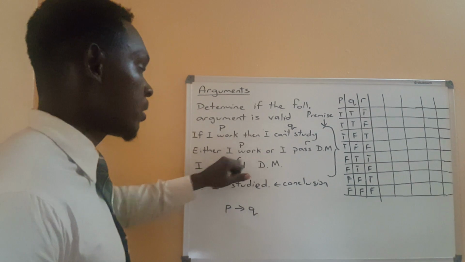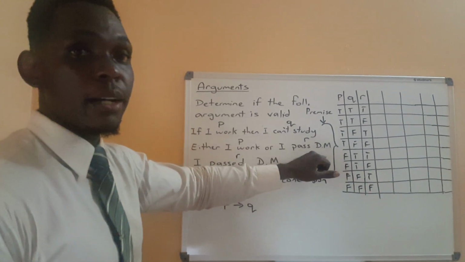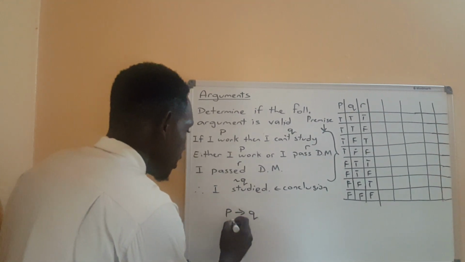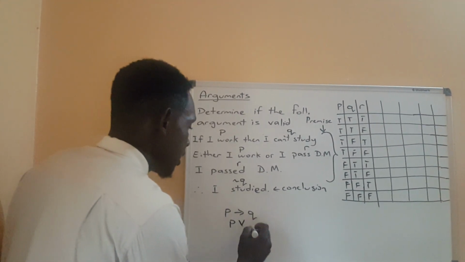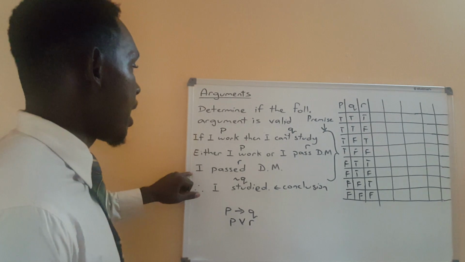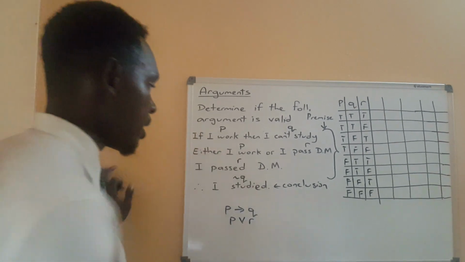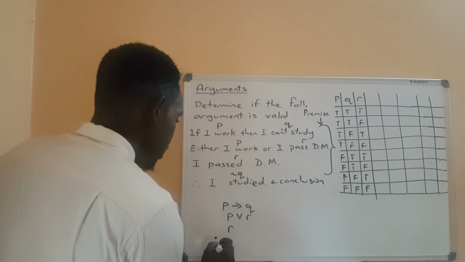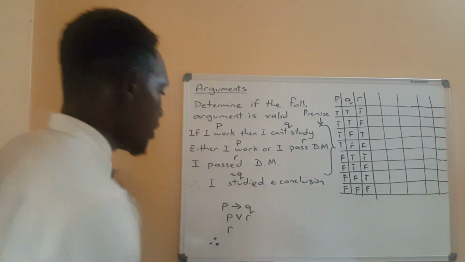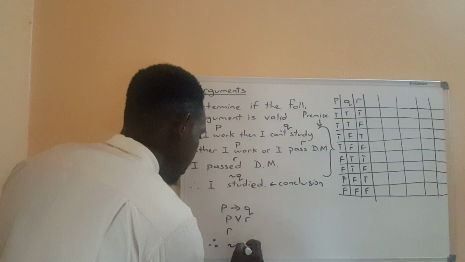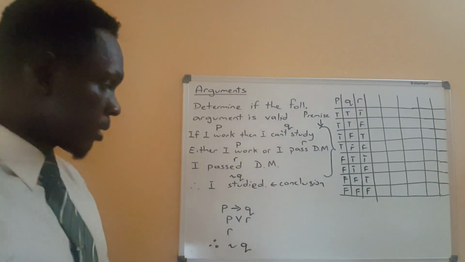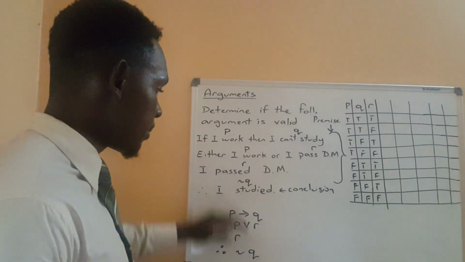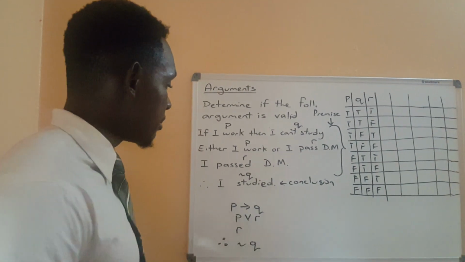Either I work or I pass discrete math is the disjunction, so we have P or R. I pass discrete math, which is R. Therefore, I studied. That's our conclusion, so it's negation Q. Symbolically, this argument would be represented with these statements.